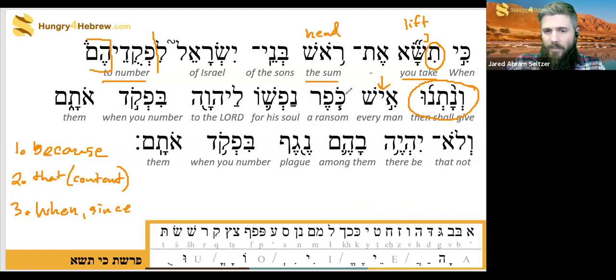Every man a ransom of nafsho, his nefesh, his soul, his being. He's going to give it la Adonai, to the Lord, bifkod, in the action of counting. See, it's got the same root. In the action of numbering or counting, otam, them.